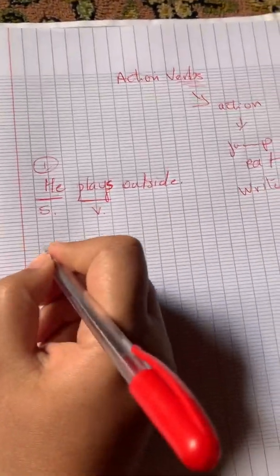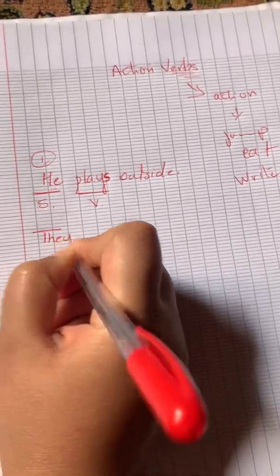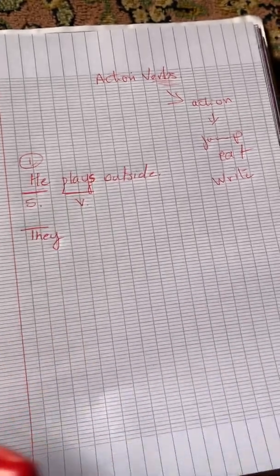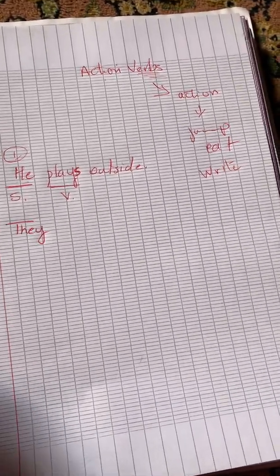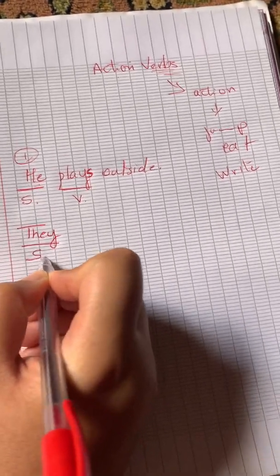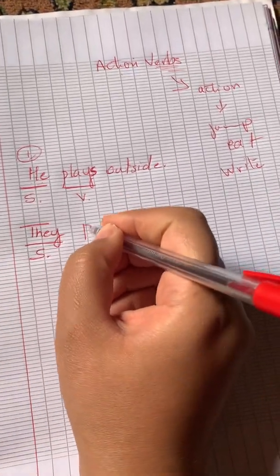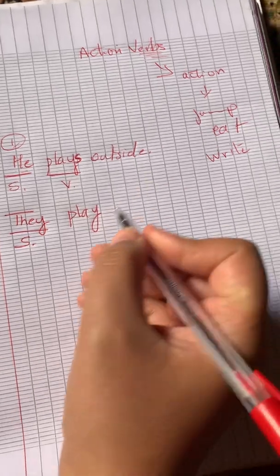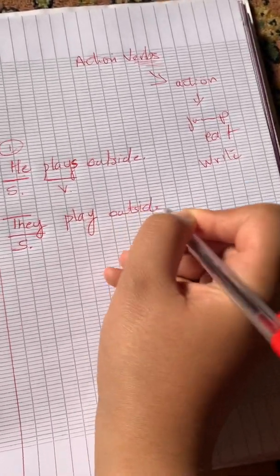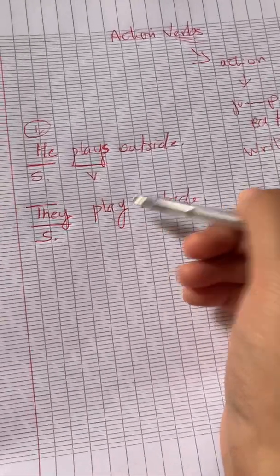If the subject is plural, let's say they. They means more than one, 2 children or 3 or 4. So they are plural. They, subject is plural. What about the verb? The verb will stay the same. We don't add anything to the verb. Why?